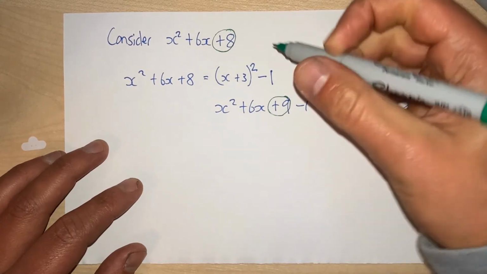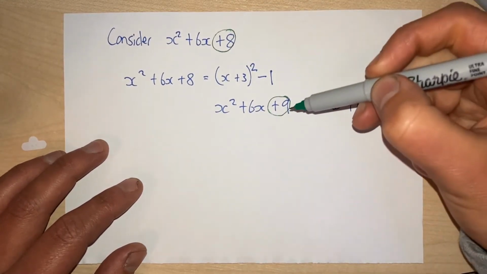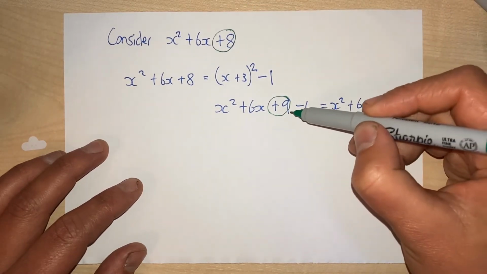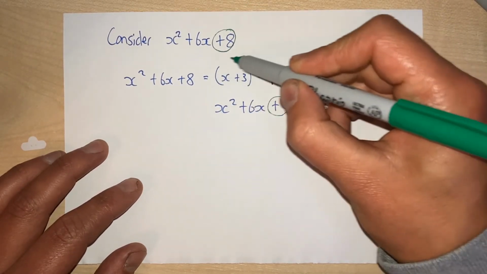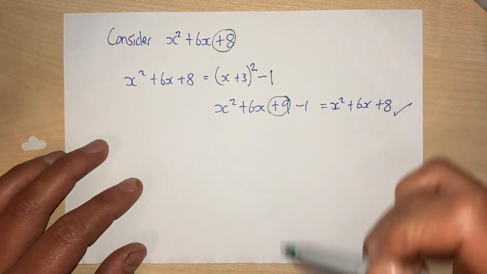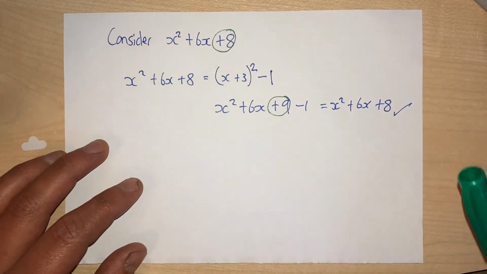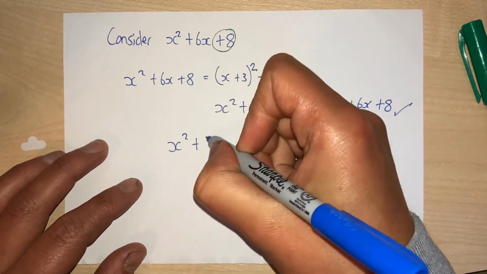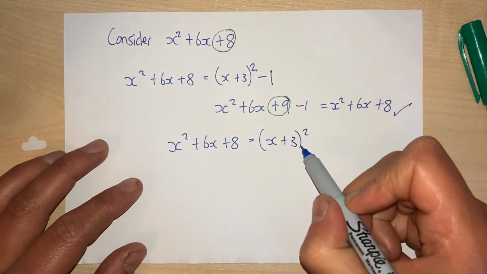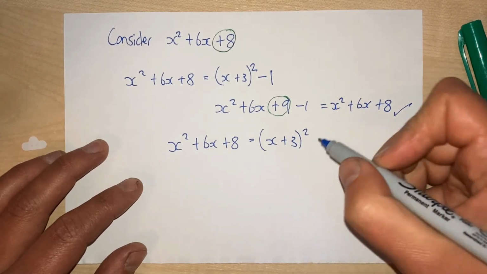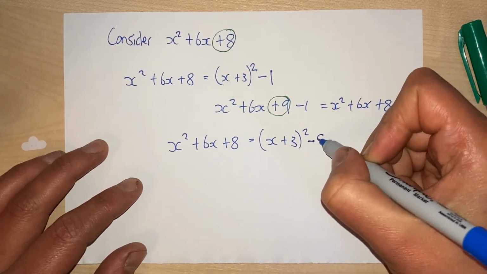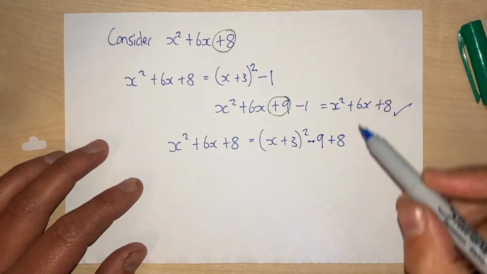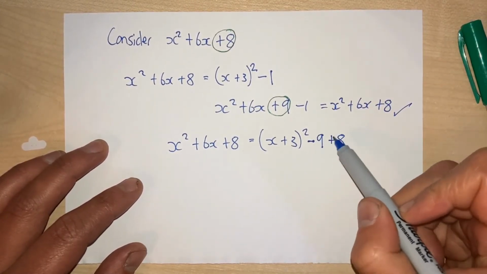So the difference between 8 and 9. We want 8, but we get 9 when we use this square here. So we have to subtract 1. And because it's always the difference, we can work out the square, which is 9, and take that away from what we have. And that means we're always finding the difference.